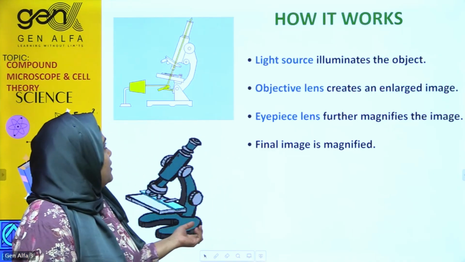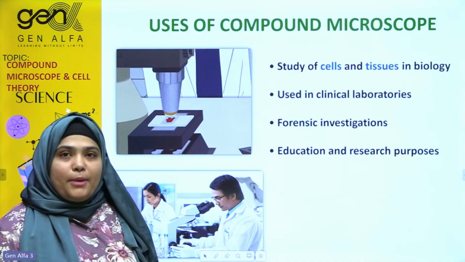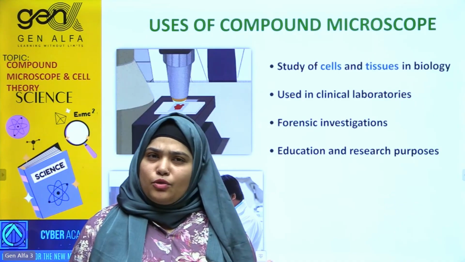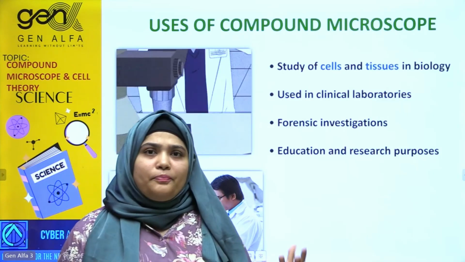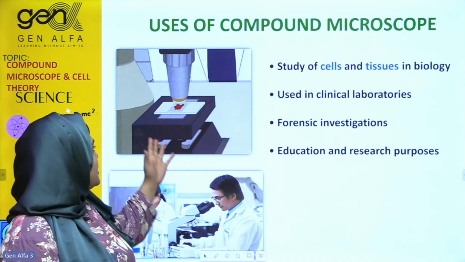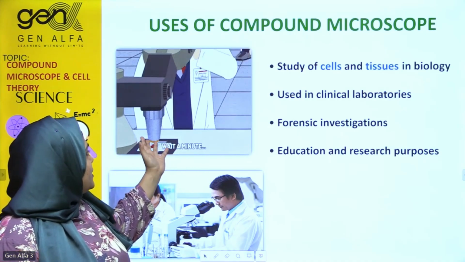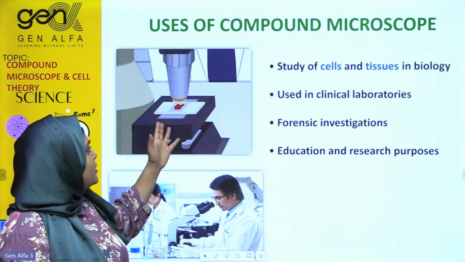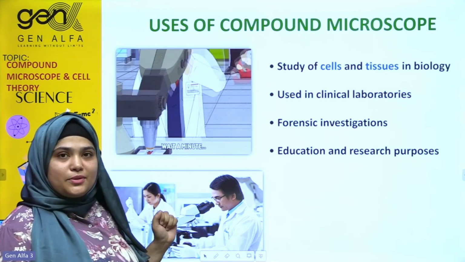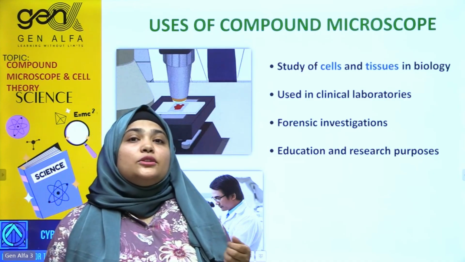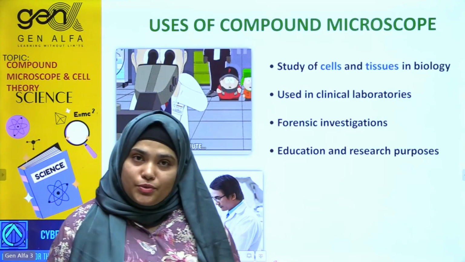Next, uses of the compound microscope. And I'm sure that you know some of the uses of the compound microscope. Let's start. Study of cells and tissues in biology. Students, look here, what is happening here? The scientist is actually observing cells and tissues. Is it or not? So the compound microscope is used to study cells and tissues.